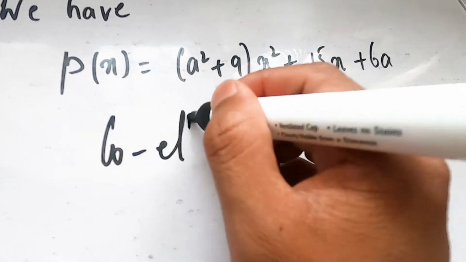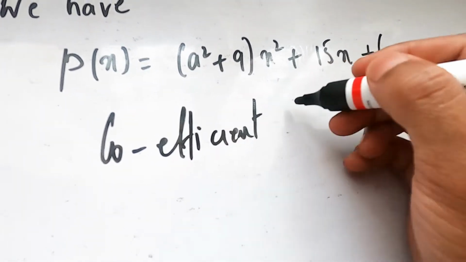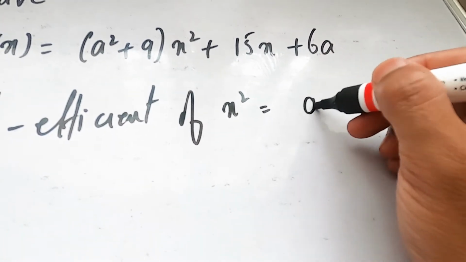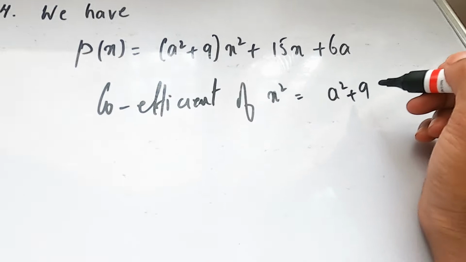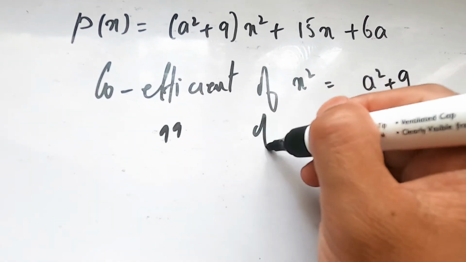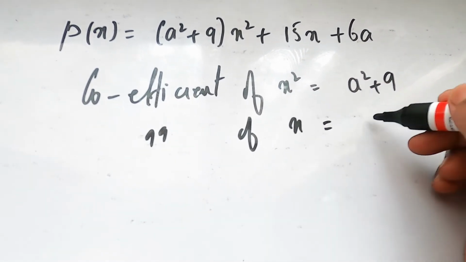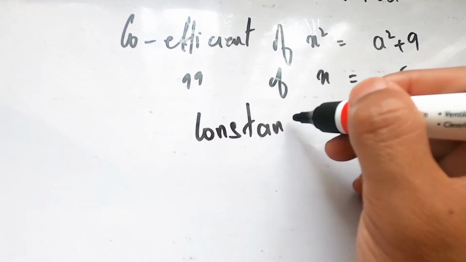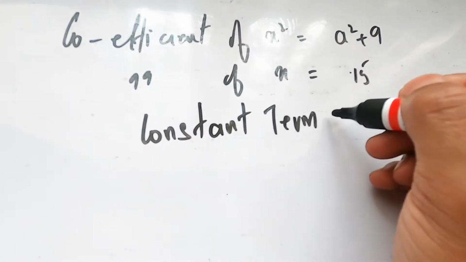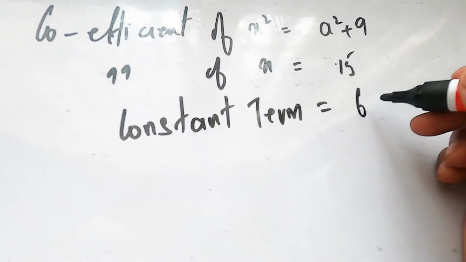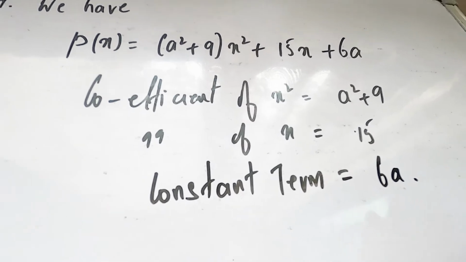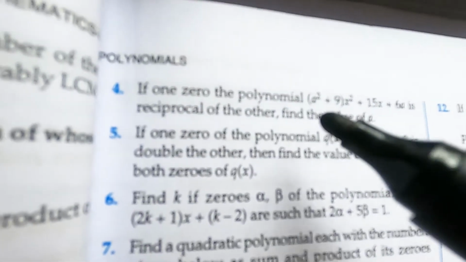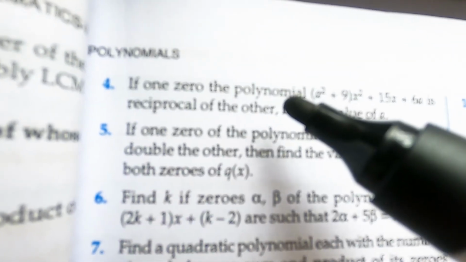So therefore the coefficient of x² will be a² + 9. Then the coefficient of x will be 15, and the constant term will be 6a.